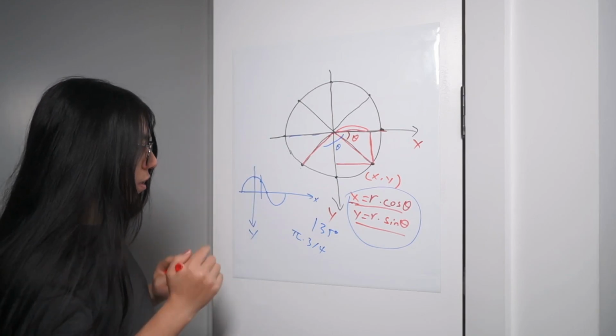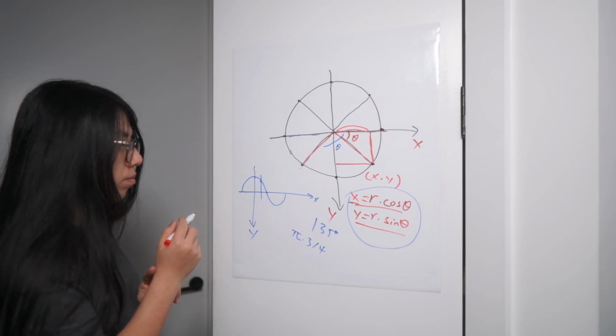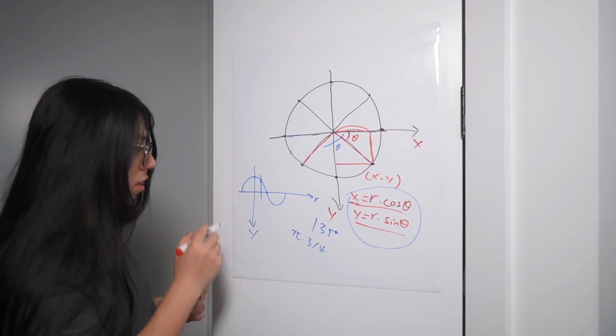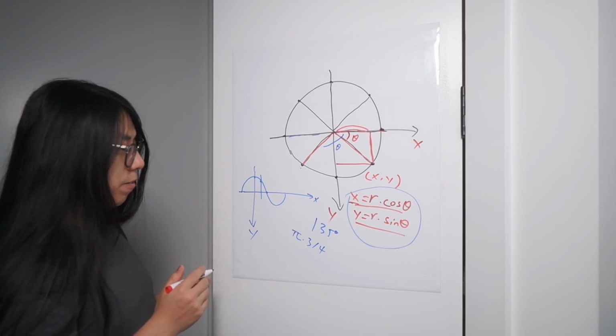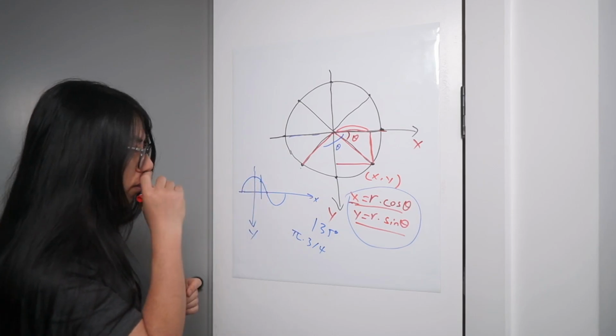That's why everything here looks a little more counterintuitive. I'm not even going to attempt to draw the sine wave in here because it doesn't look like that's going to make sense.